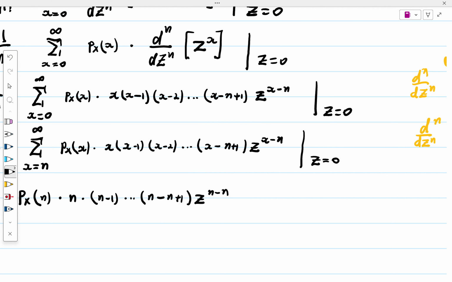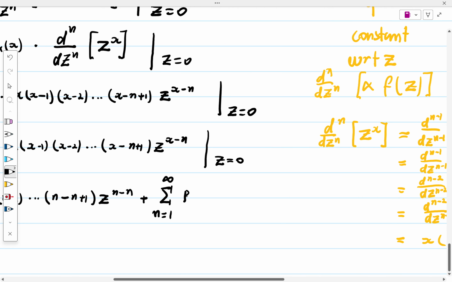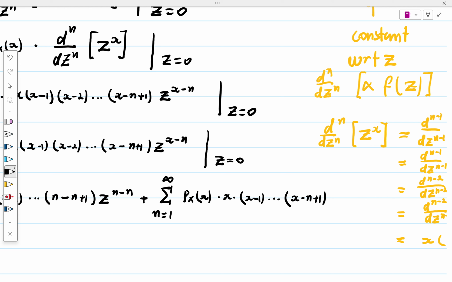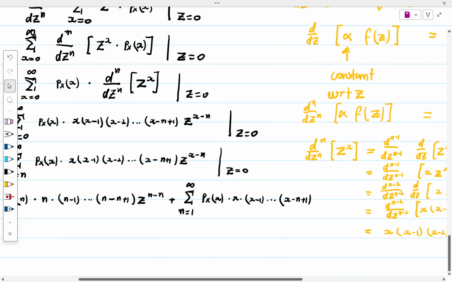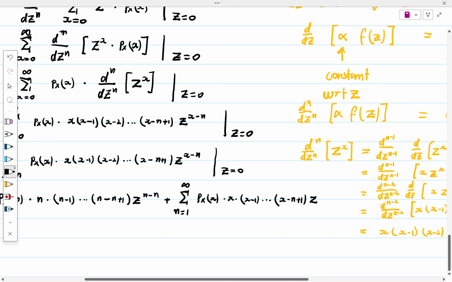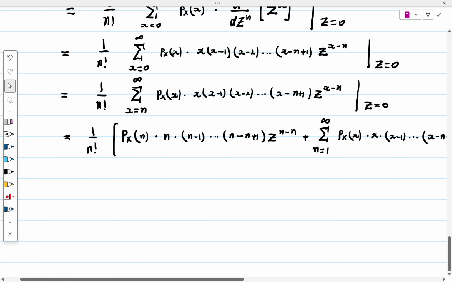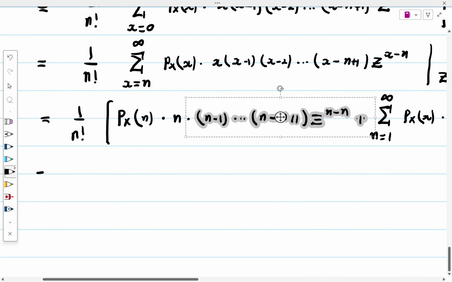The next part of this summation, of course, we can rewrite as the sum from x equals n plus 1 to infinity of px of x times x times x minus 1 dot dot dot x minus n plus 1, z to the power of x minus n, of course evaluated at z equals 0. Now, here's the interesting part.